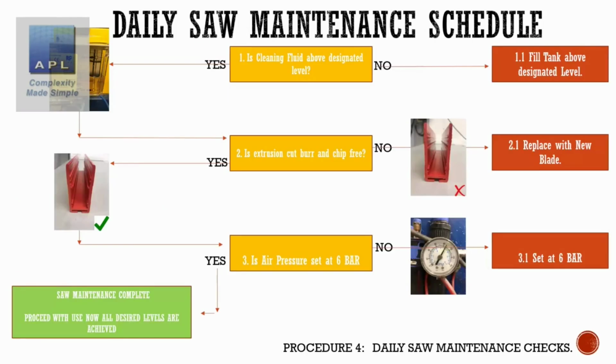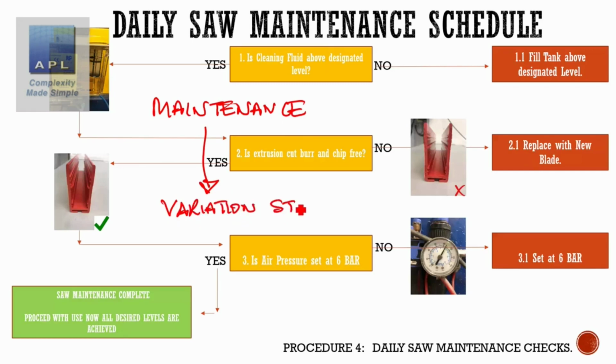And here's another great example. And then of course these are all maintenance routines that I've put around the saw and the Dremel. What you tend to find is if you don't do maintenance correctly, that is where variation starts. Chaos starts from maintenance.